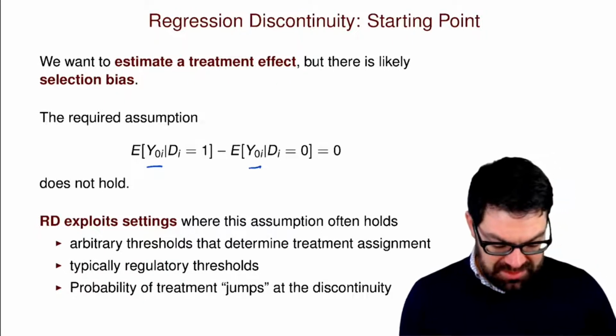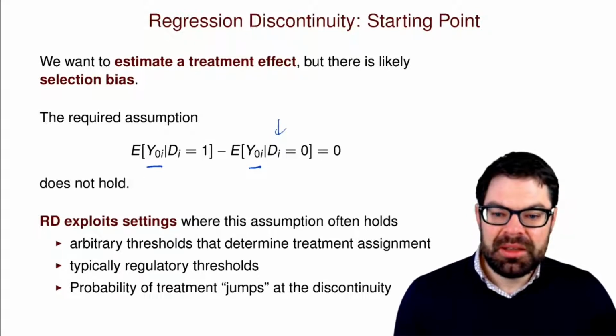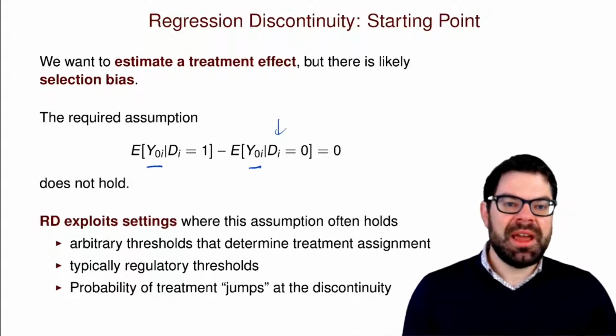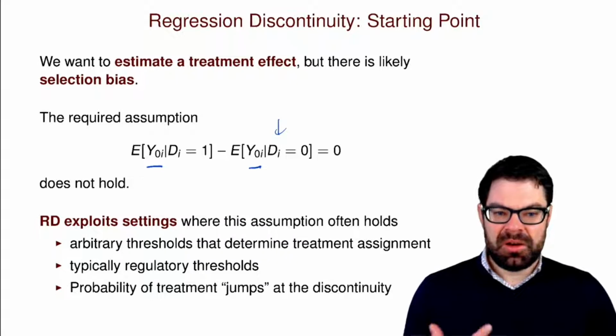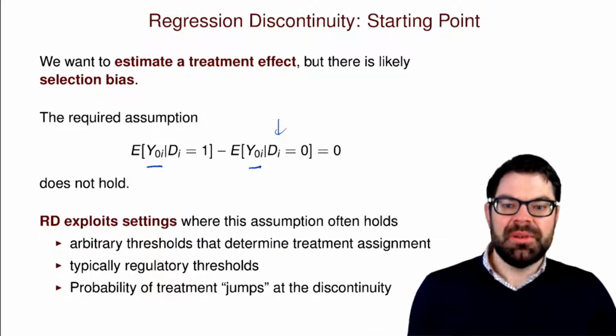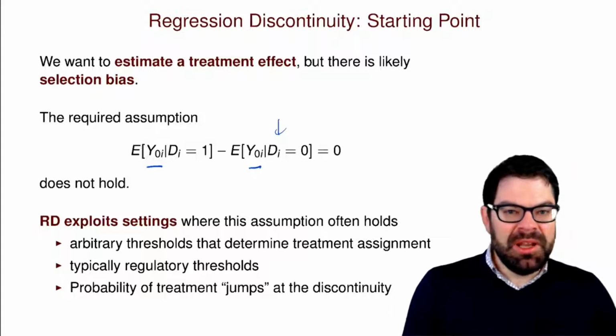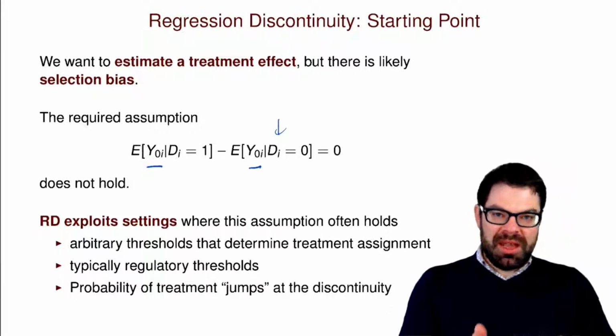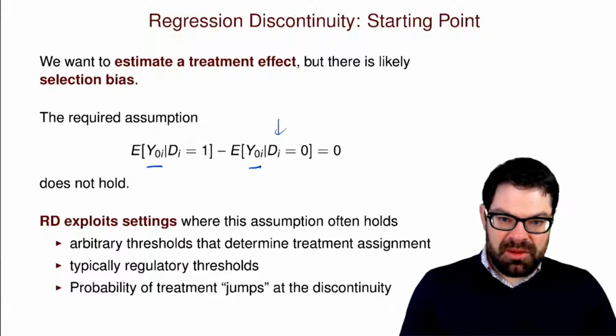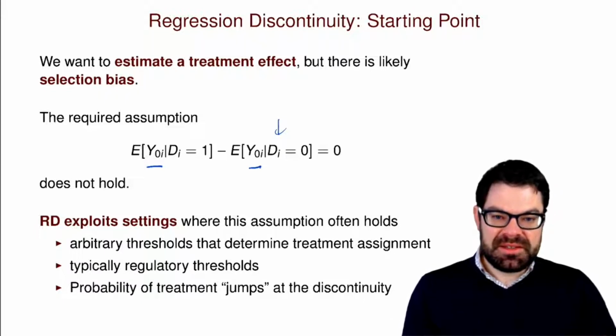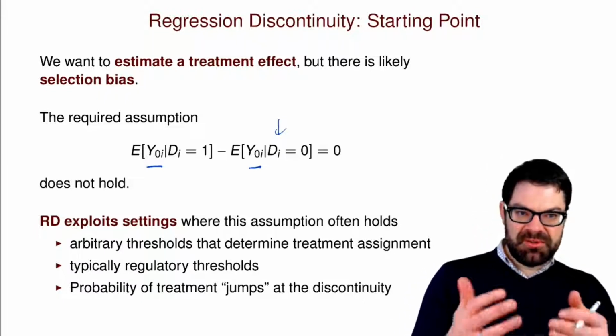So that's these guys here. And that assumption, as we've seen before in the course, hardly ever holds unless we run an experiment. Therefore we need to apply other techniques where we can be confident that that assumption holds for parts of the population.